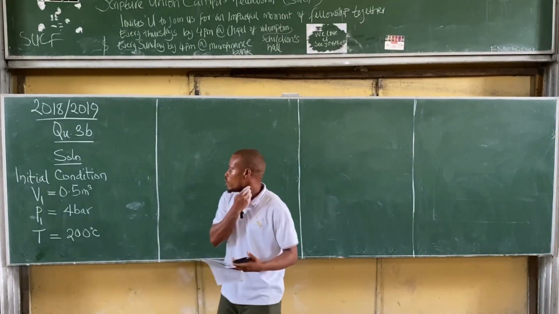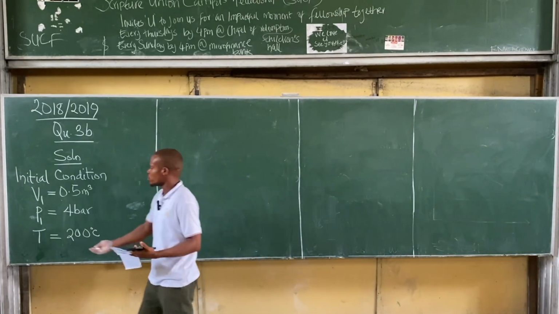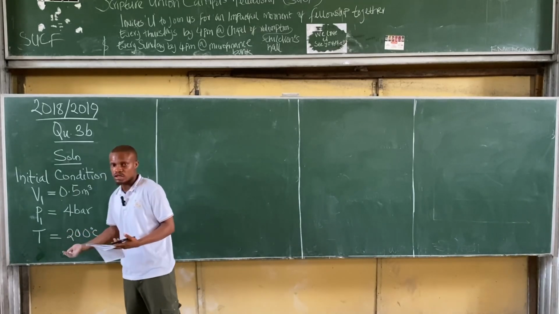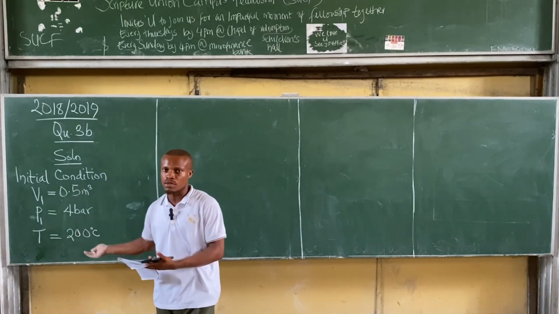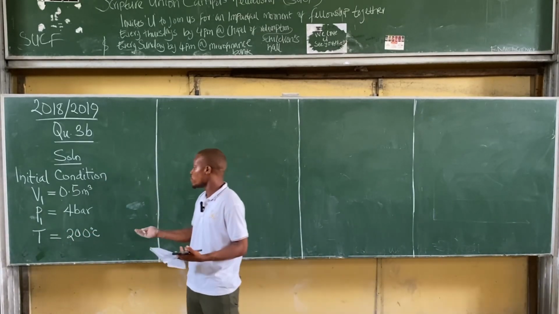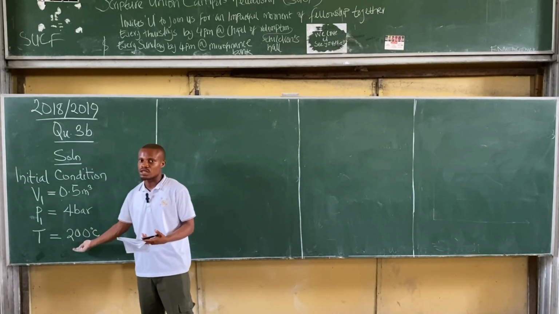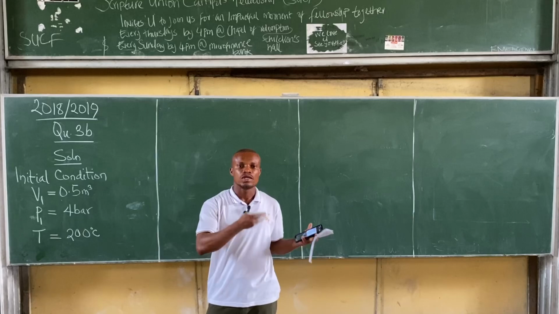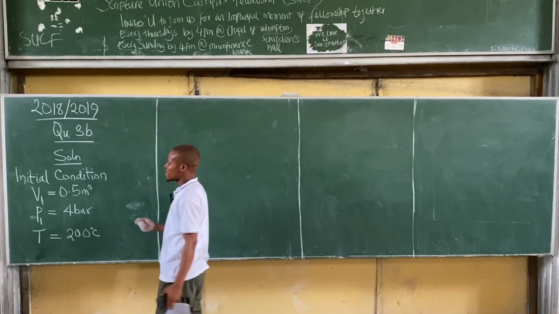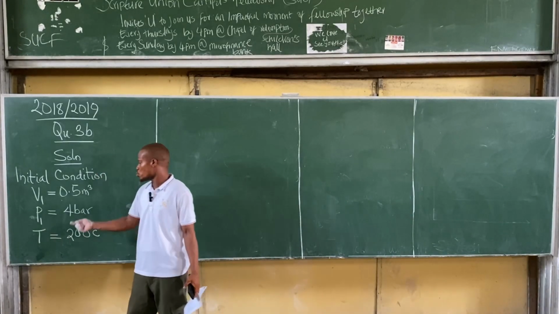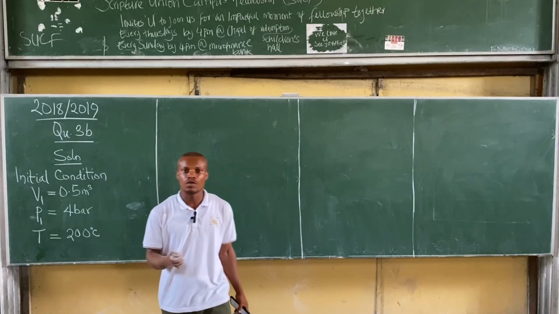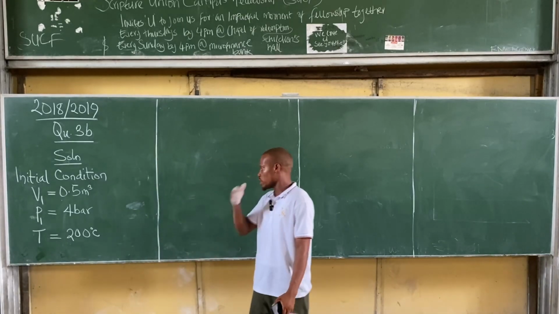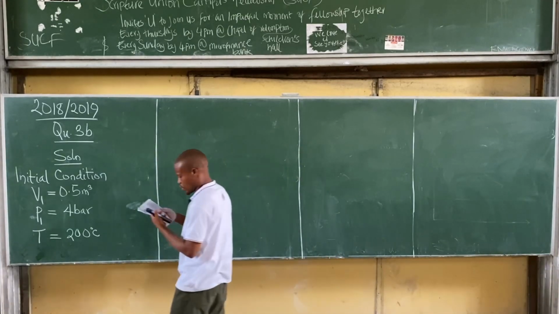At 4 bar, if our temperature is given as 200 degrees Celsius, then we say that the steam is saturated. Or if it's given below 200 degrees Celsius, we know that the steam is saturated. But if our Tsat is greater than 200 degrees Celsius, then we know that the steam is what? Superheated, right? So let's check that now.